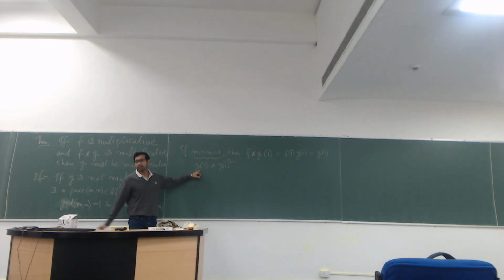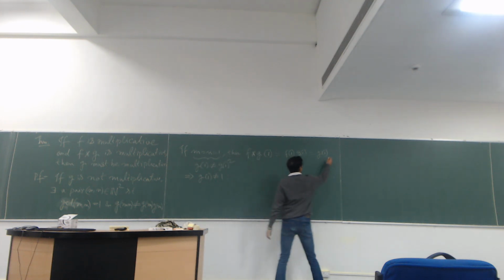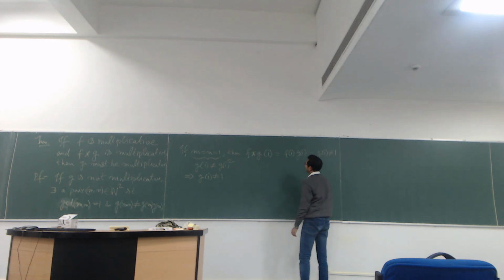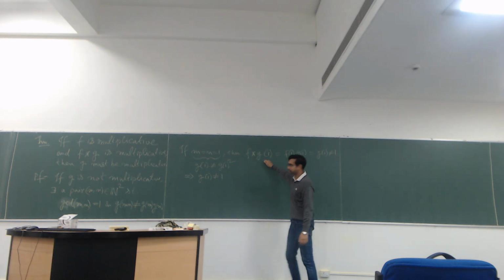Since G is not multiplicative and M, N is such a pair for which G of MN equal to G of M times G of N is not holding, despite the fact that they are relatively prime, G1 in particular is not equal to 1. So F star G is not taking the value 1 at 1, and therefore this is not multiplicative.